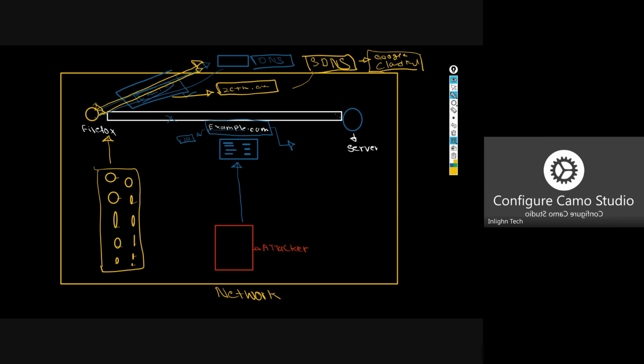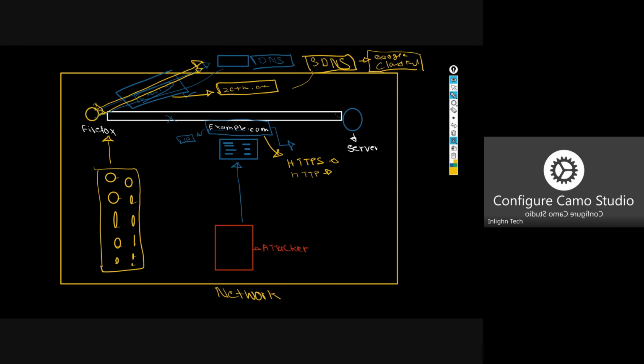Okay, now the first case you have to understand. Let's say this is a website. If this website is running on HTTPS, example.com, now if you remove the S, it becomes HTTP.